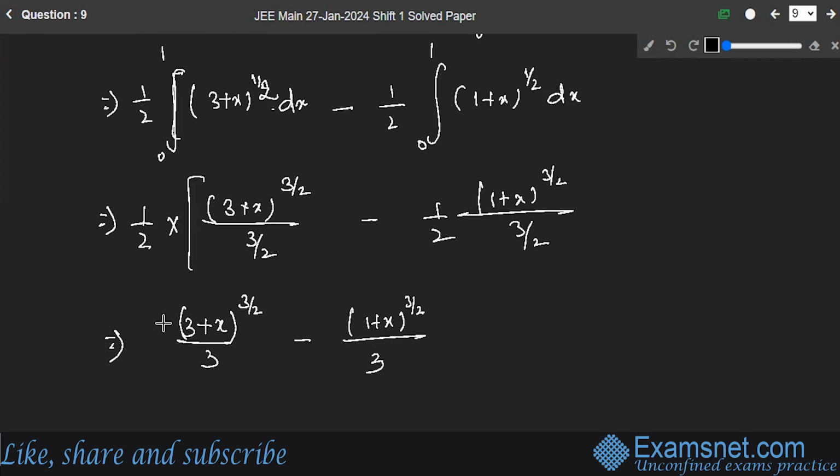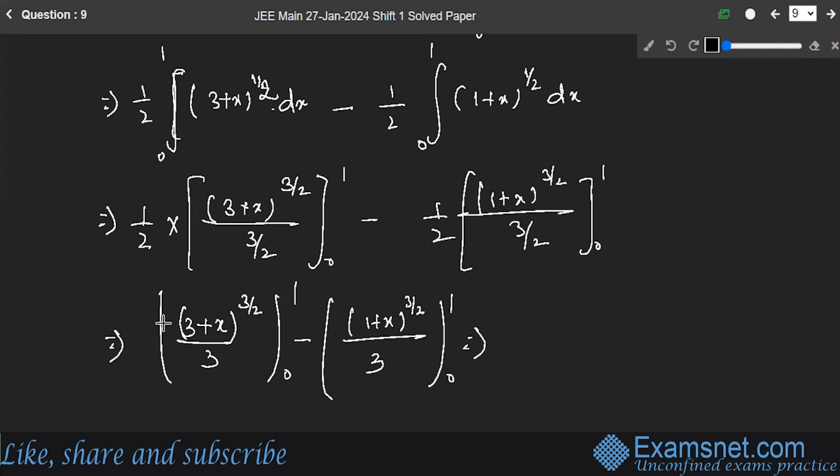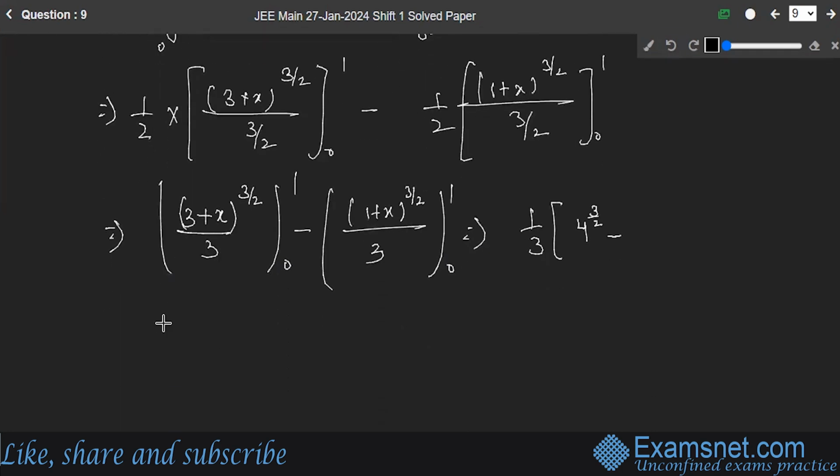Here the limits were 0 to 1, so same thing. Now let's fill in the limits. 1 by 3 outside. This will give me, first of all, 1, so it will be 4 raised to power 3 by 2, minus 3 raised to power 3 by 2.